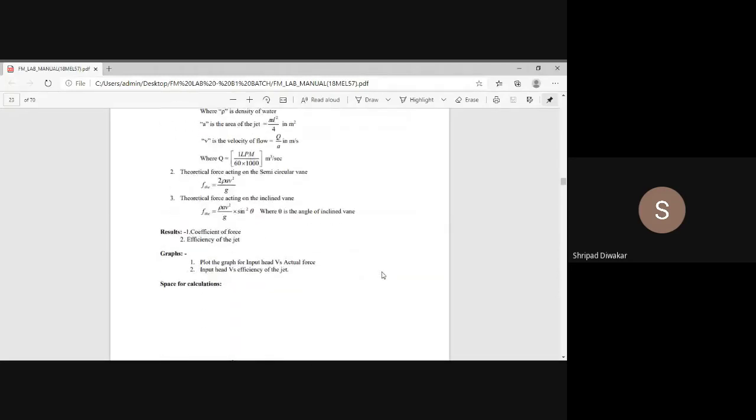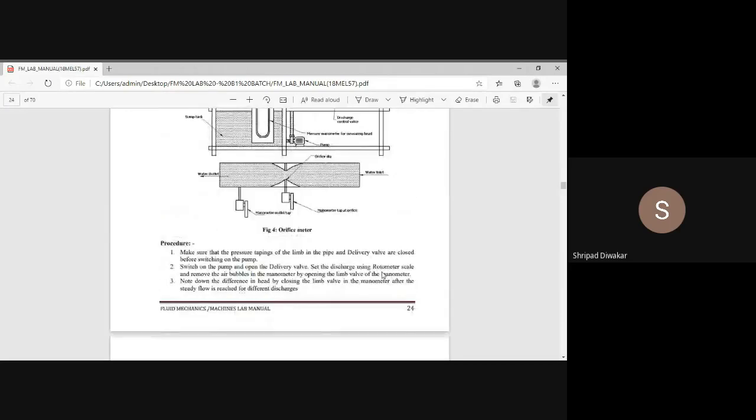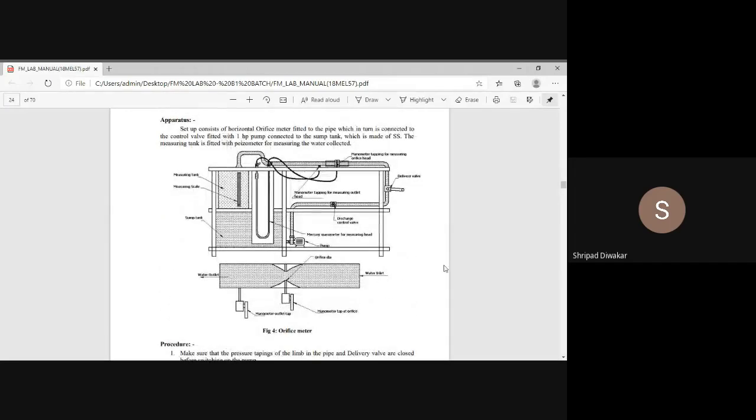The coefficient of discharge in case of orifice meter varies from 0.6 to 0.7. On the other hand, the coefficient of discharge for venturimeter is from 0.8 to 0.9. Maximum is up to 0.99. Okay, theoretical is 0.99, but practically you'll get less than that. Okay, you'll get approximately 0.8 to 0.9. Okay, that is the difference between orifice meter and venturimeter.